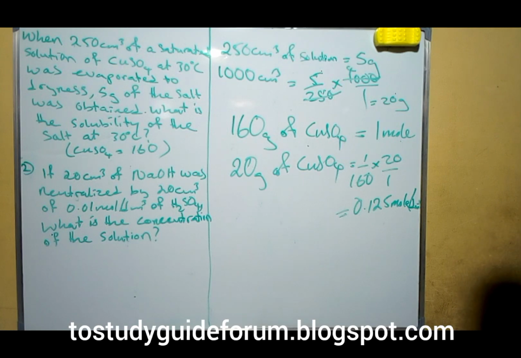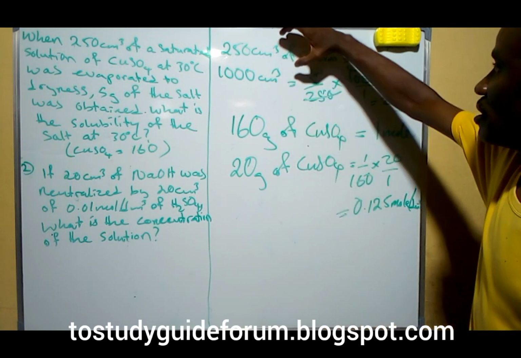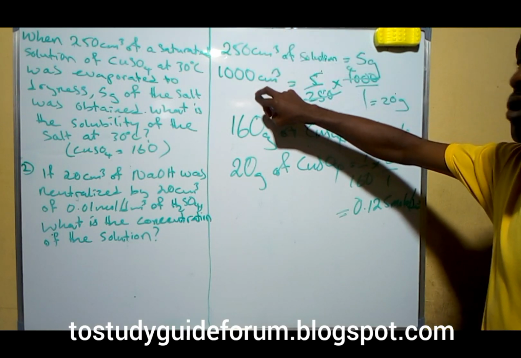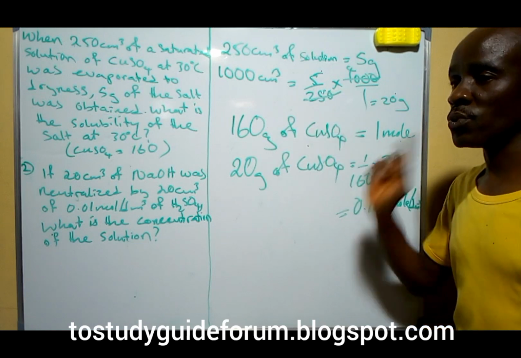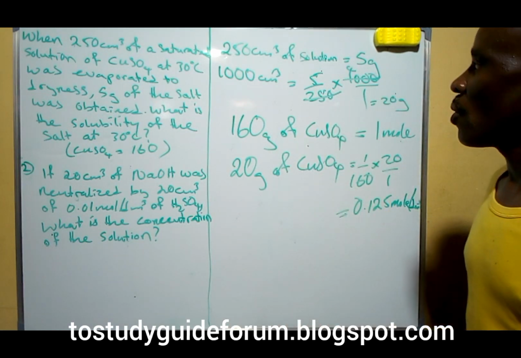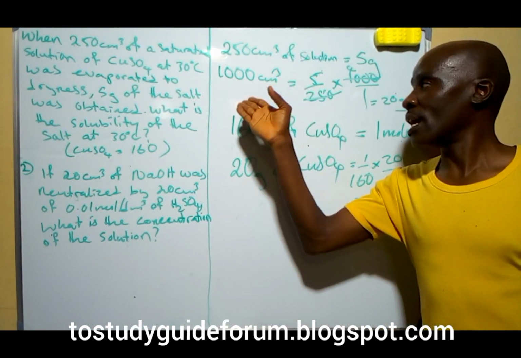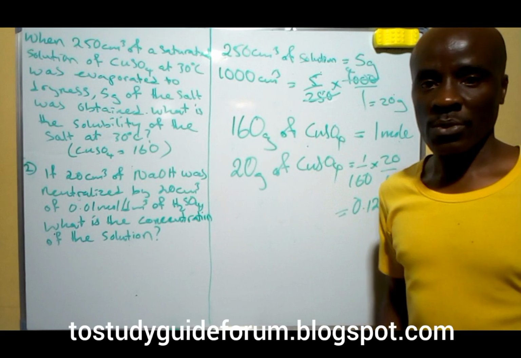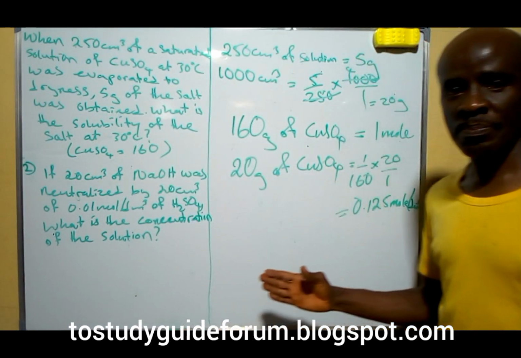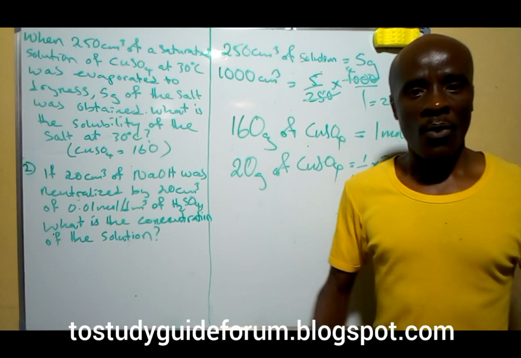Now I want to make a little explanation here. It's necessary that we know what 1 dm³, or 1 liter, will contain, because whenever we talk about solubility, we look at it in mole per dm³, or per liter, or 1000 cm³.